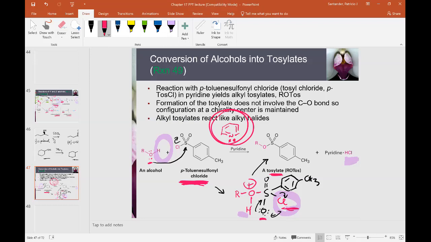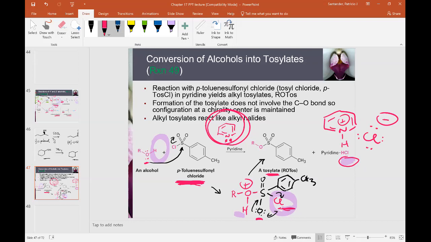It's a fairly basic compound, so that will be pretty good for trapping the hydrochloric acid that we are producing in this reaction. And so the pyridine nitrogen will get protonated, and then the chloride will be the counterion of this pyridinium cation.